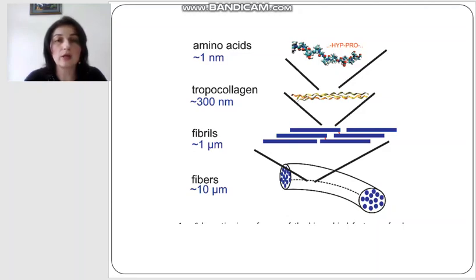Among the fibril-forming collagens, mainly present are the first, second, third, fifth, and 11th types, which are prevalent in the body. We also have non-fibril-forming, network-forming collagens. These are the 4th type and the 7th type. In those molecules, the propeptides present at the ends of the procollagen molecules are not cleaved. That's why they will not form fibers.